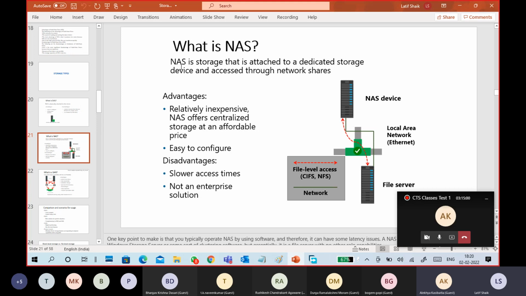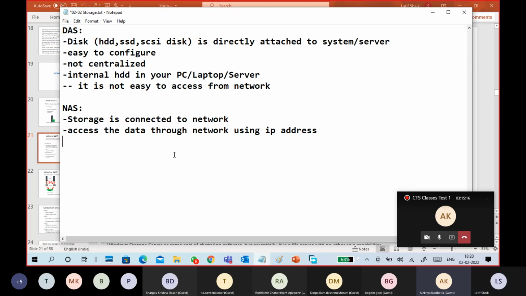Look here, NAS. NAS is network attached storage, attached to dedicated storage devices and accessed through network shares. What is the advantage? It is a centralized storage.